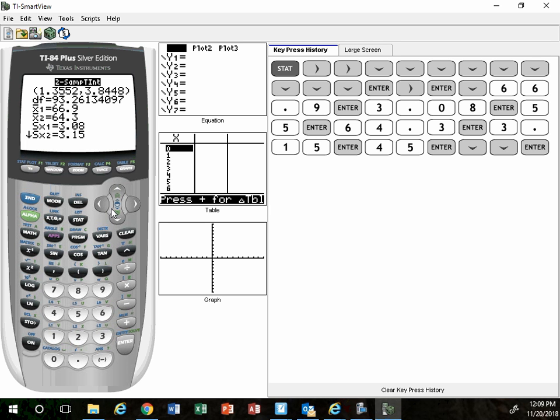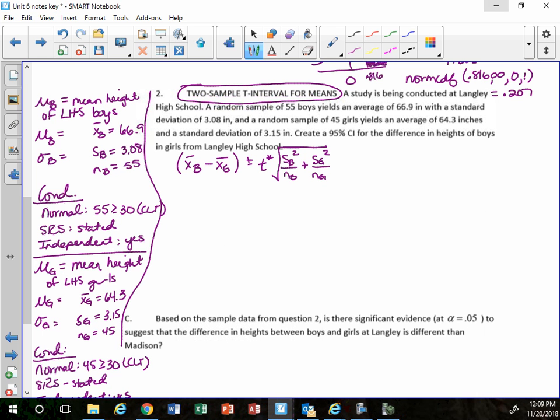All right, so we get this interval, 1.35-ish, we'll say 1.36, to, what was it, like 3.84? Are we okay with that? Am I done? No, I need to write my conclusion.